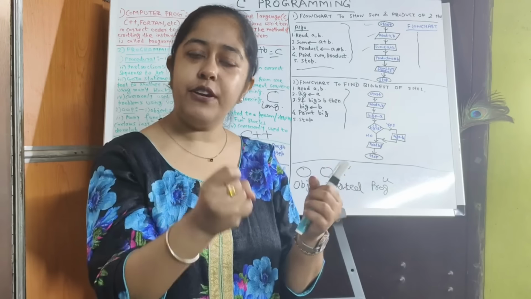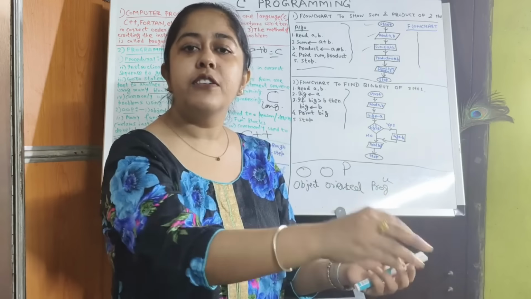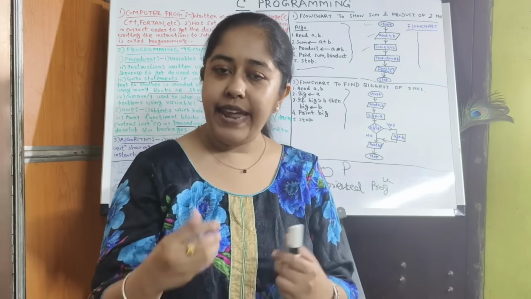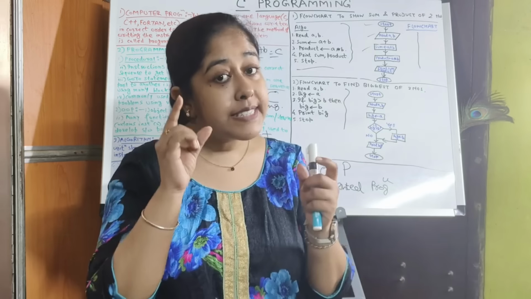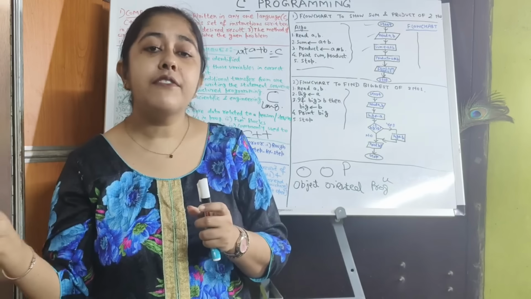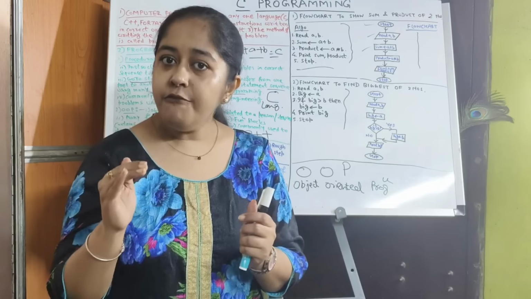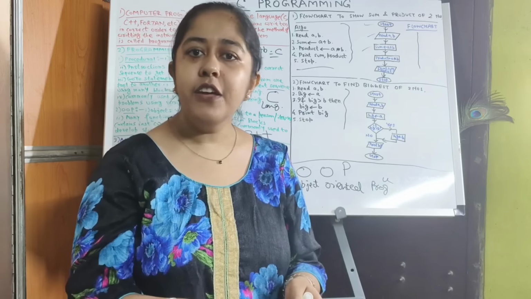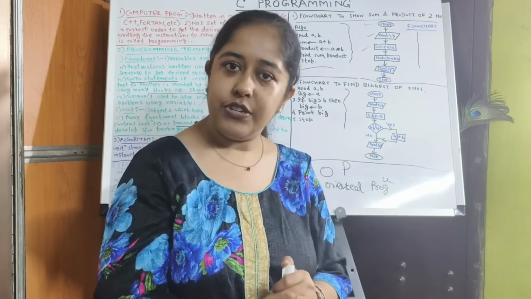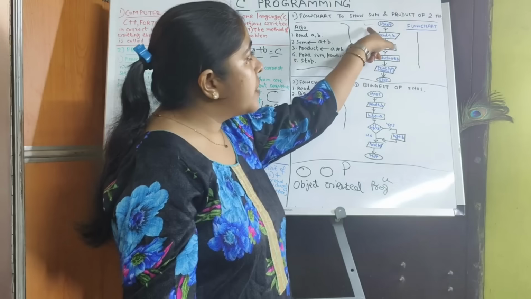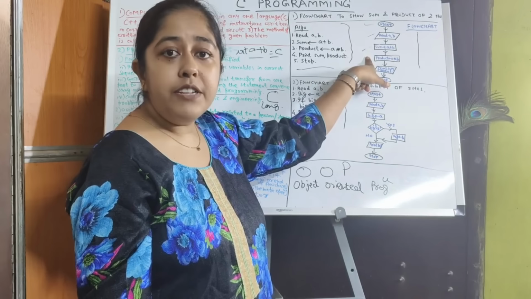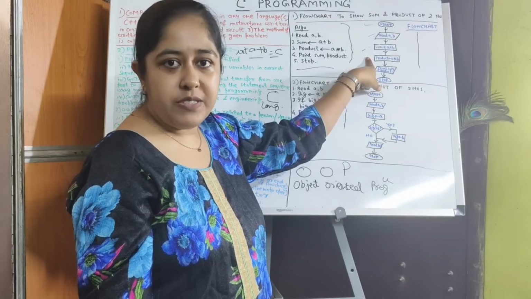You cannot just write any particular instruction. You just cannot put any kind of diagram or geometrical figure. No. Each and every instruction has a particular geometrical figure which will be needed while making the flowchart, right? So these geometrical figures will give you different kinds of operations.